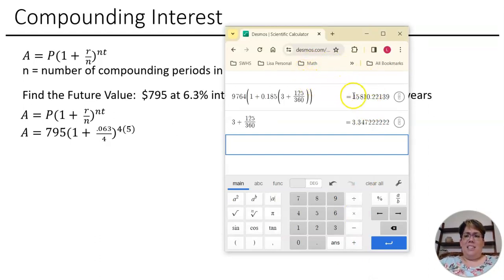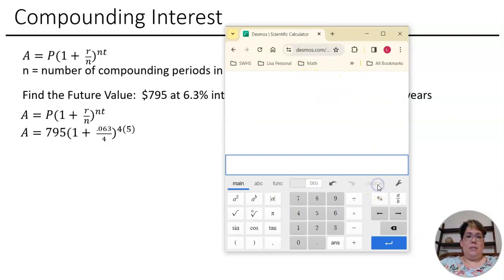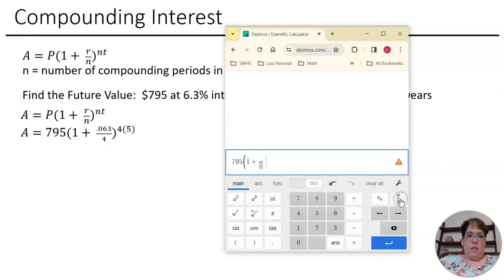Again, this is the hardest part of this, so let me show you how this looks. We're going to try to make it look exactly like it does on here. 795, parentheses, 1 plus, and I'm going to give myself a fraction, and then 0.063 over 4.